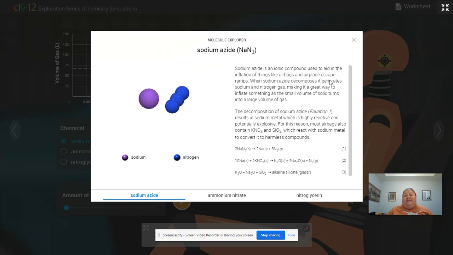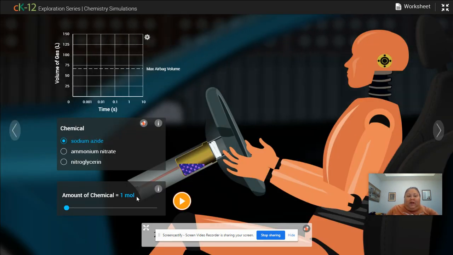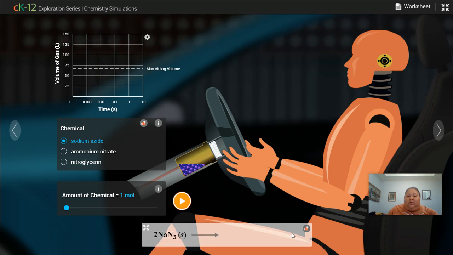Have you ever seen a movie where the people all of a sudden are getting out of an airplane in a slide? That's an escape ramp. Sodium azide is one substance that they use to produce a gas to fill up the airbags and this ramp. Right now we only have 1 mole of this compound.